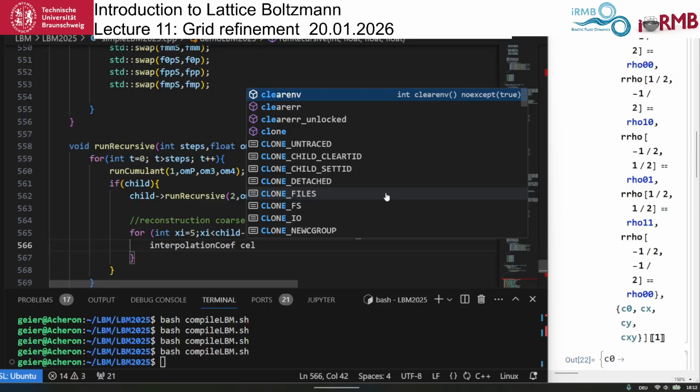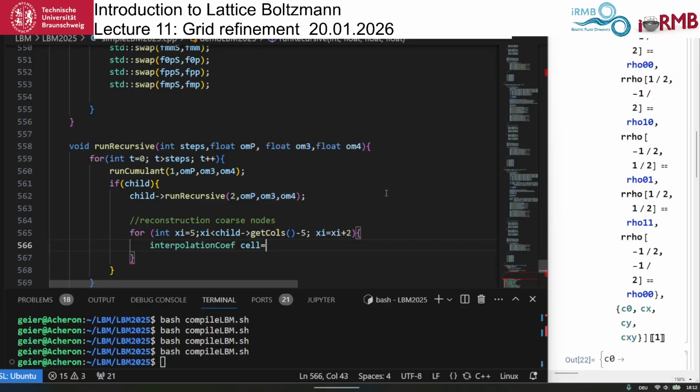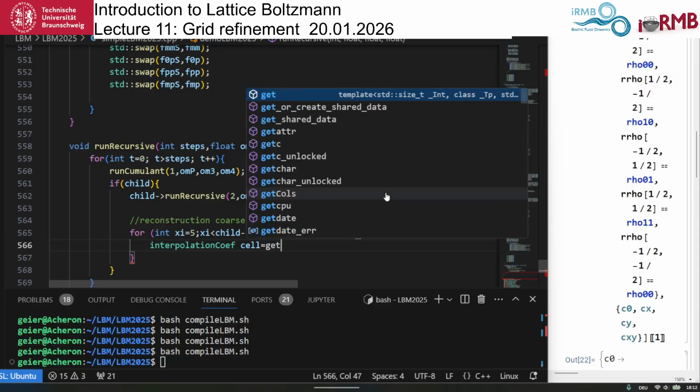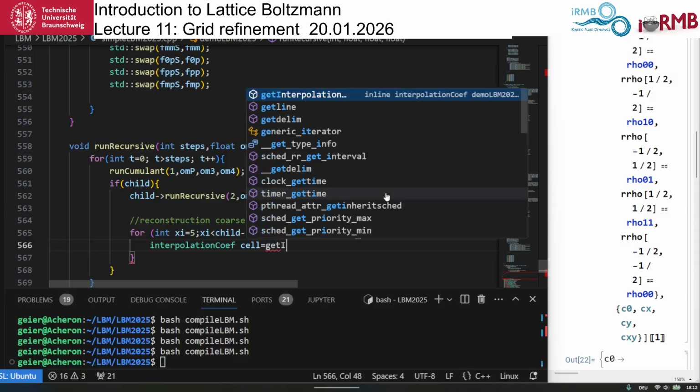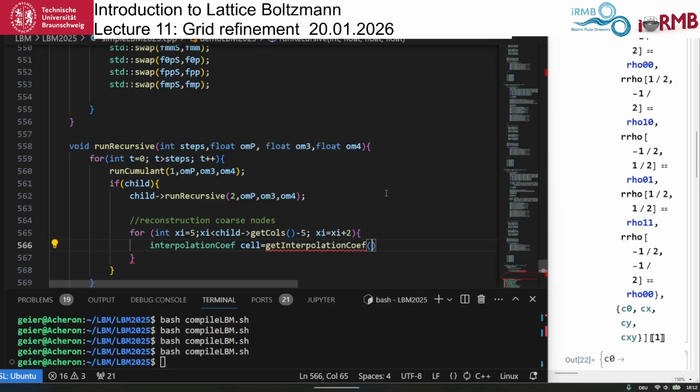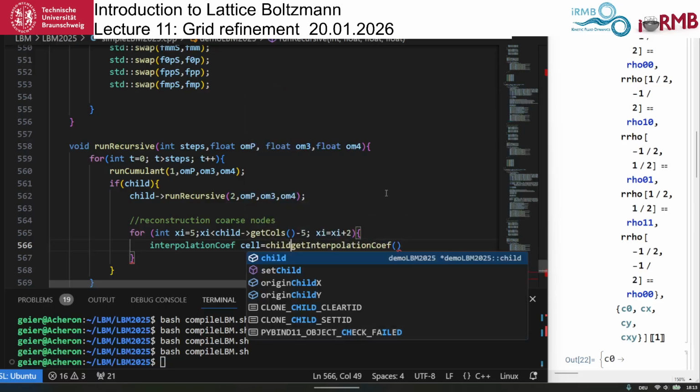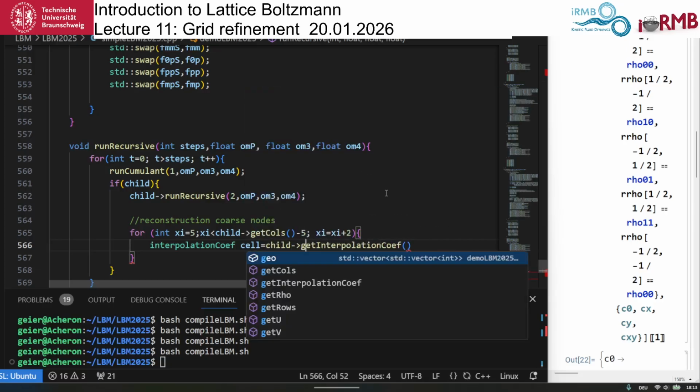Let's call it cell equals get interpolation coefficients. Where do we have to get them? Have to get them from the child, so here they are.